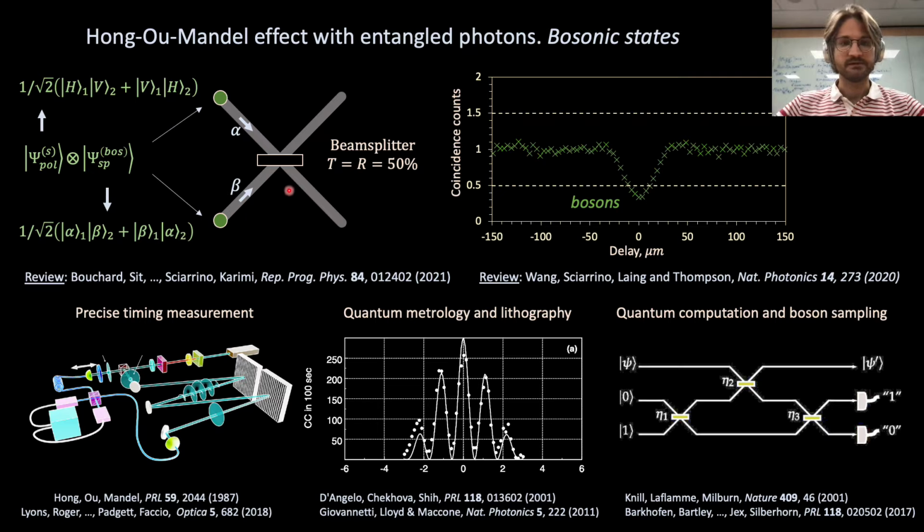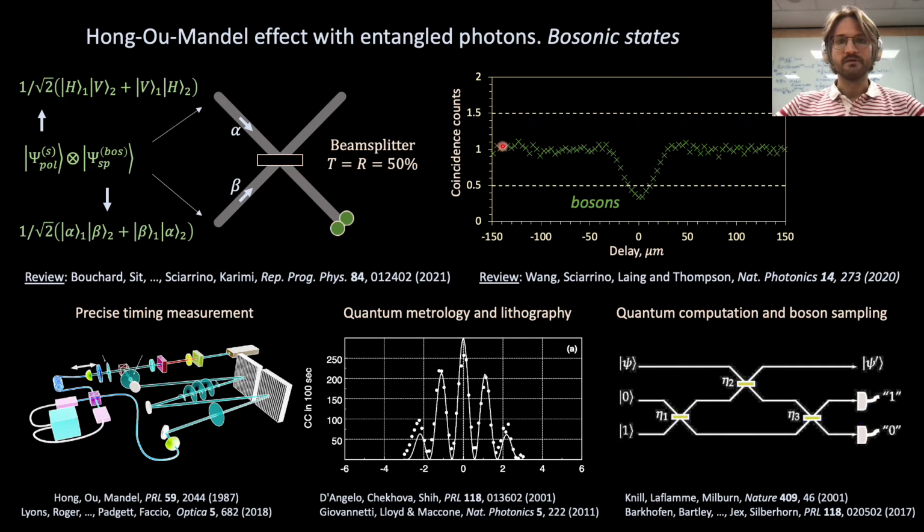If we interfere these photons on a beam splitter, they coalesce, so they leave the beam splitter through the same output port, either this one or this one. In the Hong-Ou-Mandel experiment, we place single photon detectors at each output port of the beam splitter, and we measure the coincidence count between these detectors as a function of the relative delay between the times of arrival of the photons at the beam splitter.